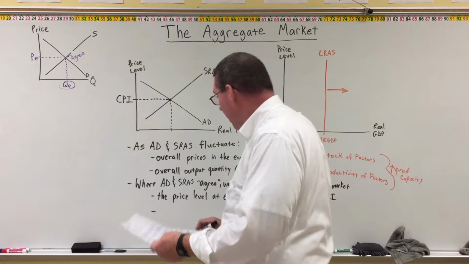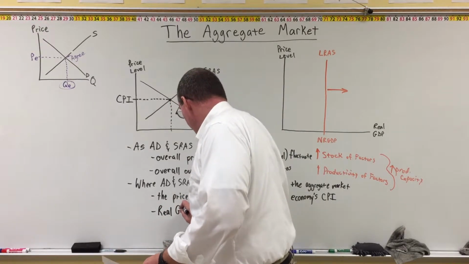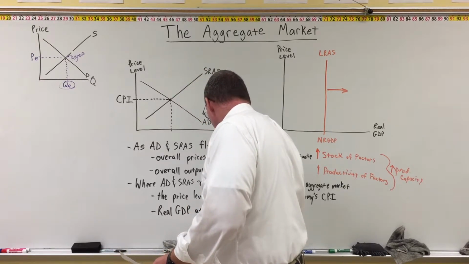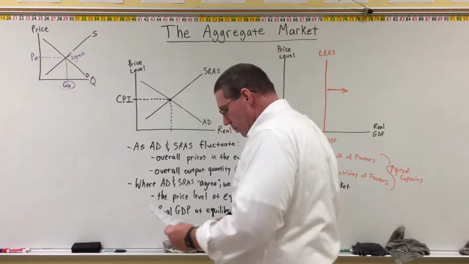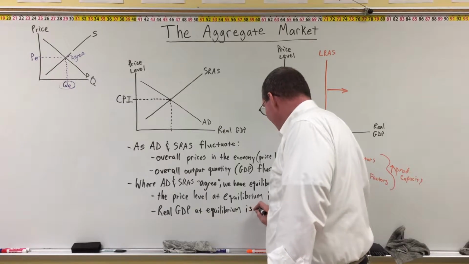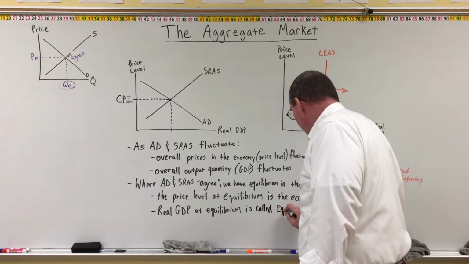The real GDP at equilibrium, this is real creative. I'm being sarcastic. Real GDP at equilibrium is called equilibrium real GDP.